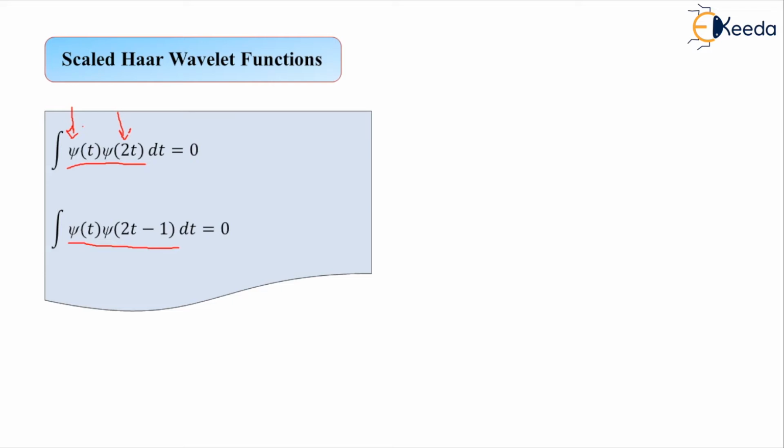Similarly, psi of t from W0 and psi of 2t minus 1 from W1. If you see the multiplication graphically and integrate it over the complete time range, you will get it equal to 0.